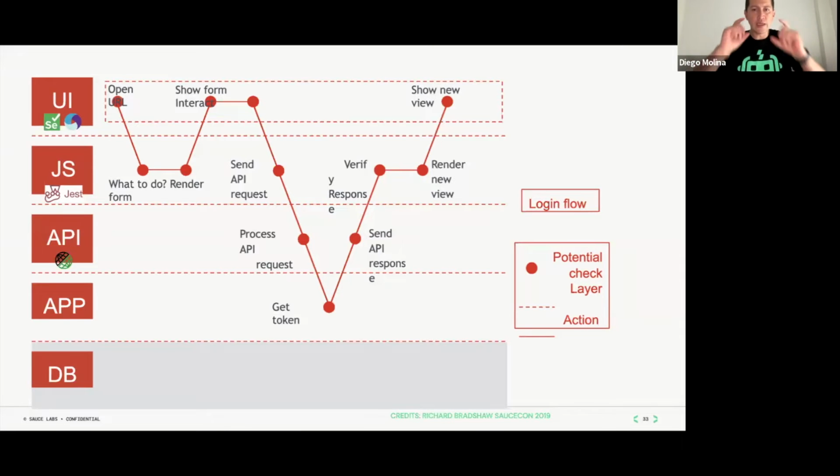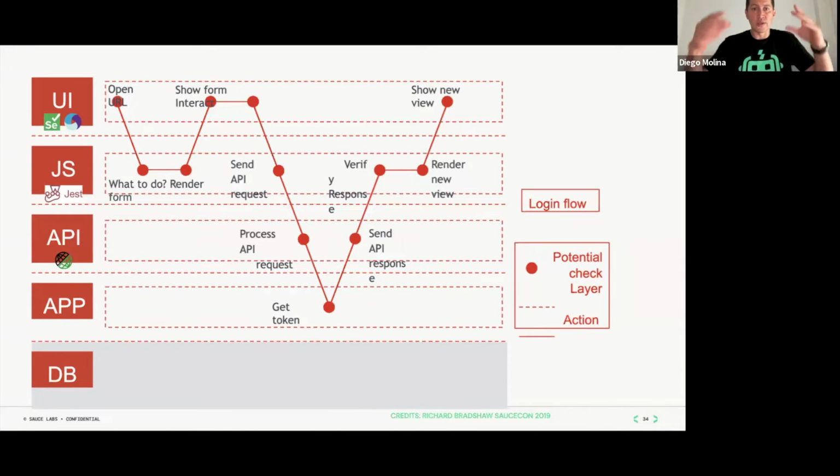So we have a section here where there is an action in the upper part. There are also a set of actions in the lower part. There is something happening in the UI, something happening at the browser level, something happening in the API, in the application, and also in the database in most cases, right?